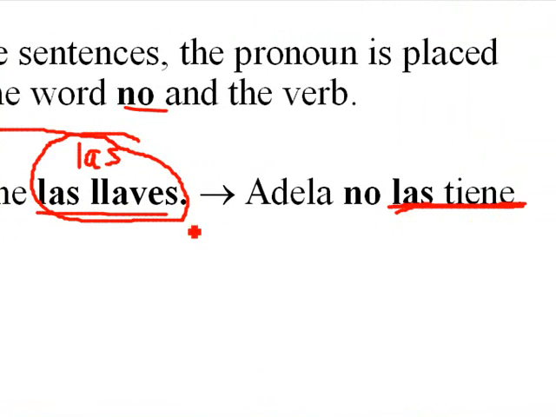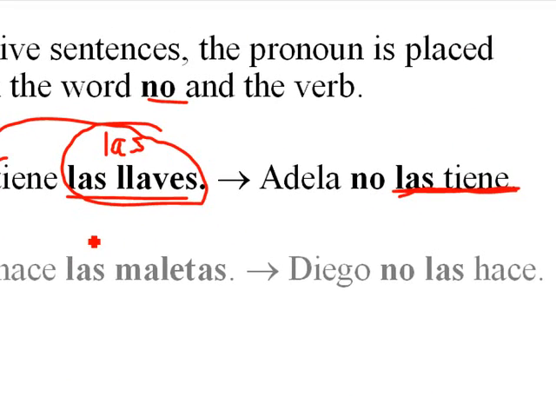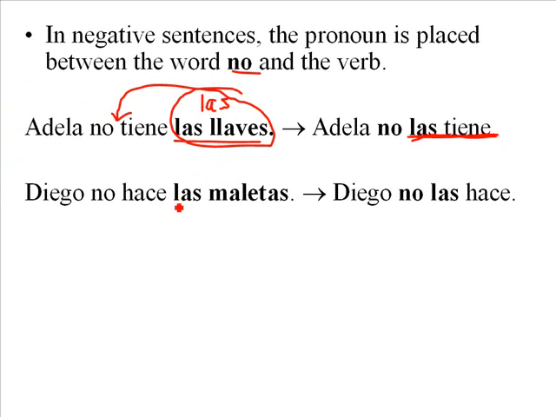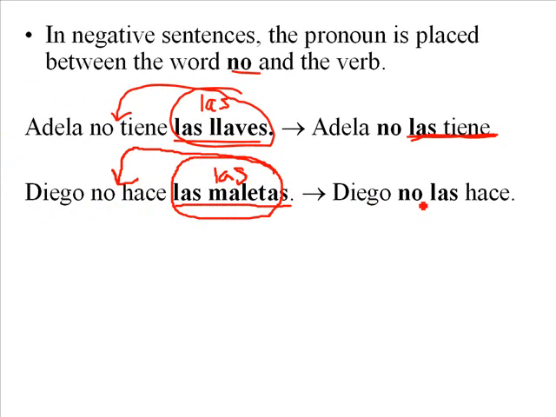No las tiene. Diego no hace las maletas. Las maletas changes to las. I take las maletas and I stick it here. Diego no las hace. So we can see no las hace. Nothing comes between the las and the verb.